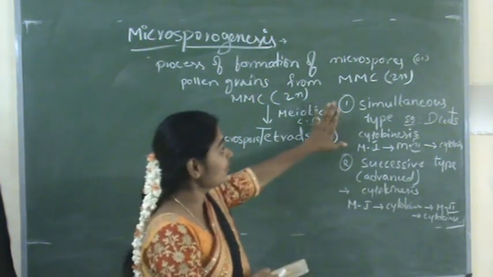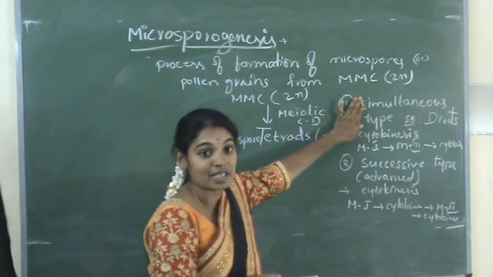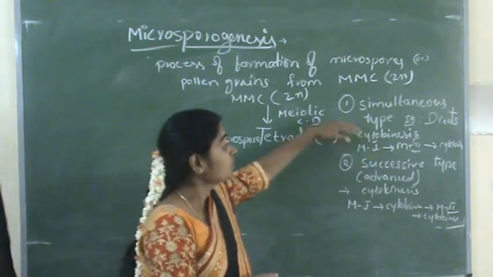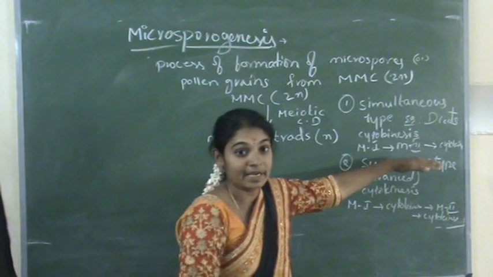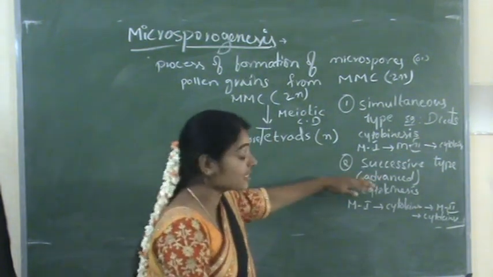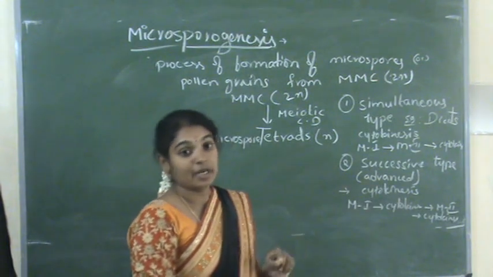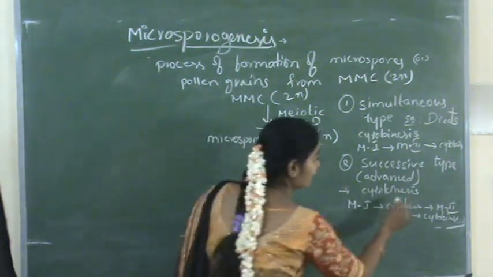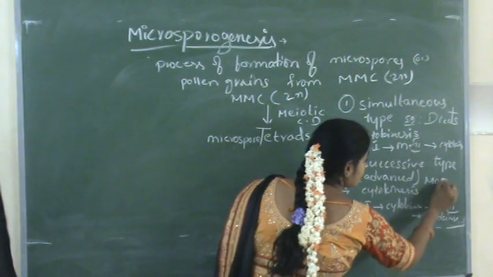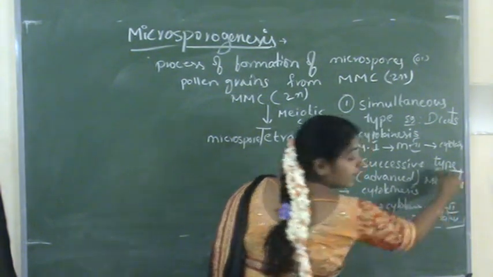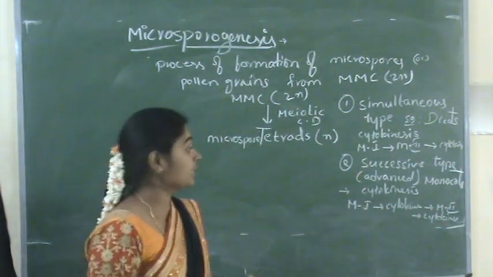So a very simple differentiation: in the simultaneous type, after 2 meiotic divisions, cytokinesis occurs. In the successive type, after each meiotic division, cytokinesis occurs. It is observed in monocots.